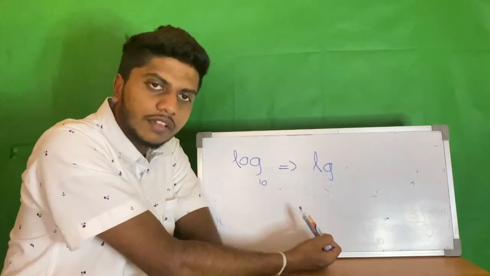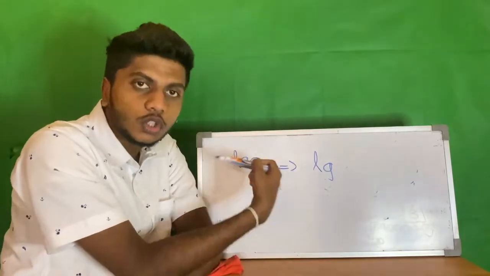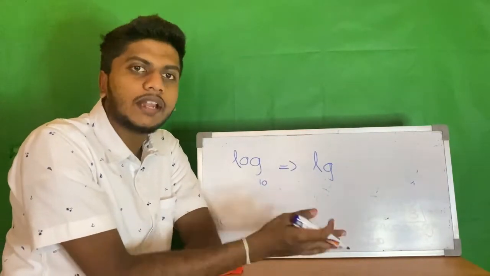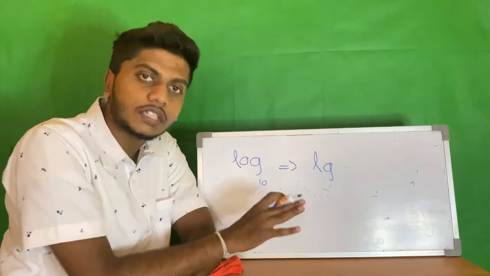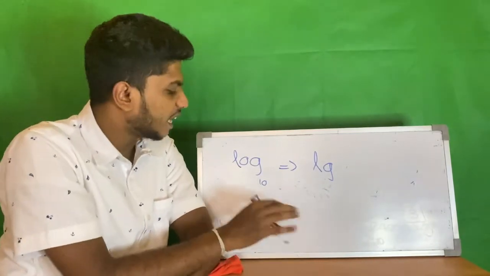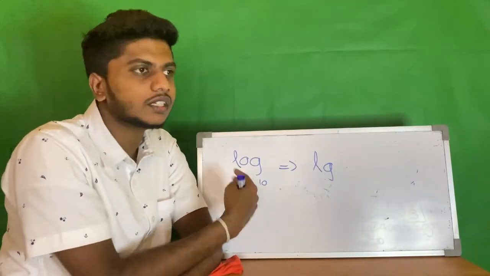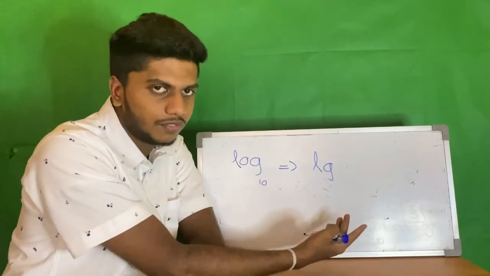We use this because usually we get almost all the logarithmic values, logarithmic tables, in terms of the base of log 10. So writing log 10 takes time. So we use this one to simplify, to save our time.